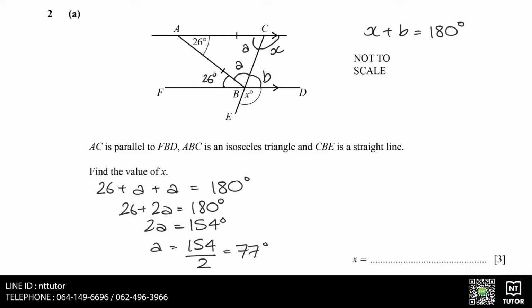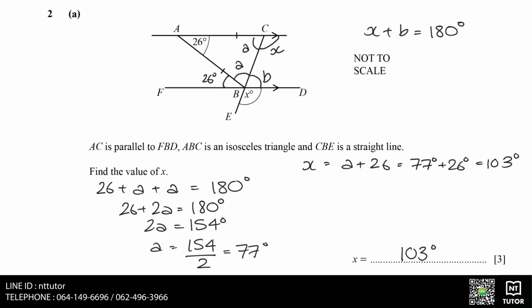After this part, there are a few approaches you could do to find out the value of x. One approach is to spot that there's a pair of alternating angles at FBC. This means that the angle x equals A plus 26. This means that x equals 77 plus 26, which equals 103 degrees.